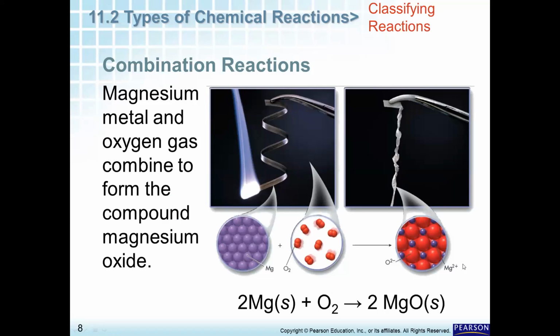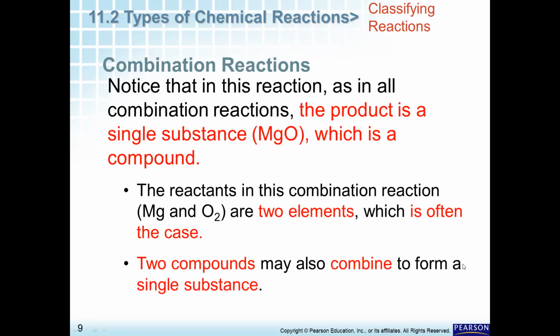Anyway, the magnesium combines with oxygen to form magnesium oxide. That's why I was referring to the similarity between combination and combustion. This is combustion too, because it's burning the wire. But it is classified as a combination to start with, because it's combining either 2 elements, like in this case, or compounds. It doesn't matter. Either 2 elements or 2 compounds produce one single substance.